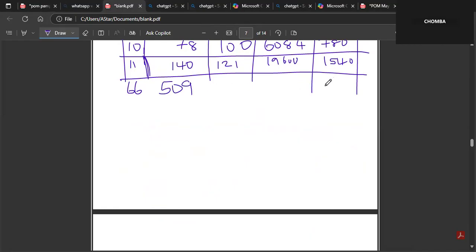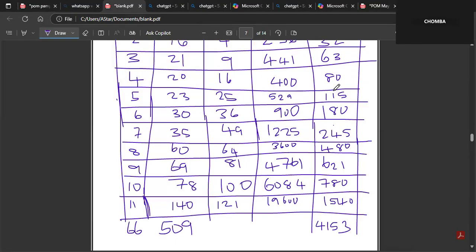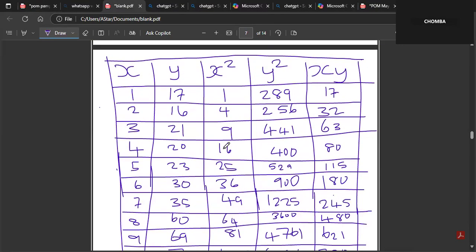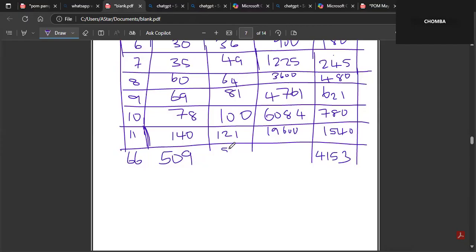This other one is 4153, which is for XY. Then X squared is 506. The y squared is 38,085.